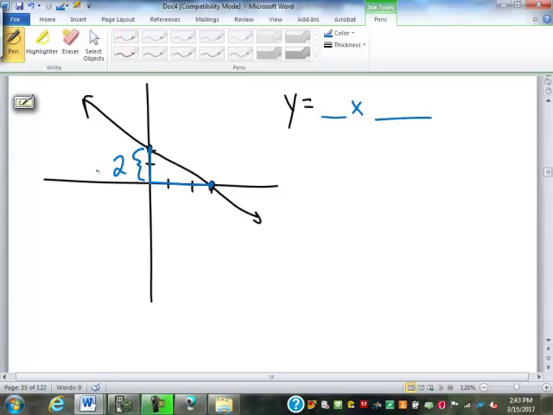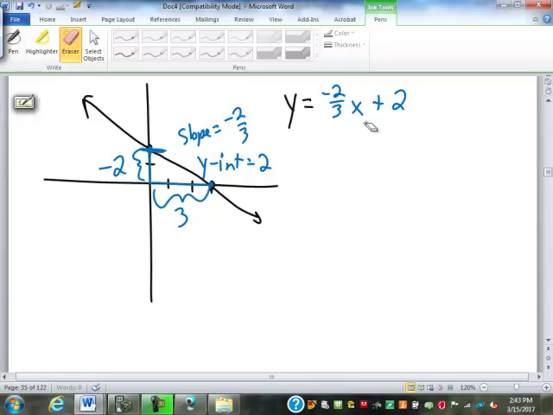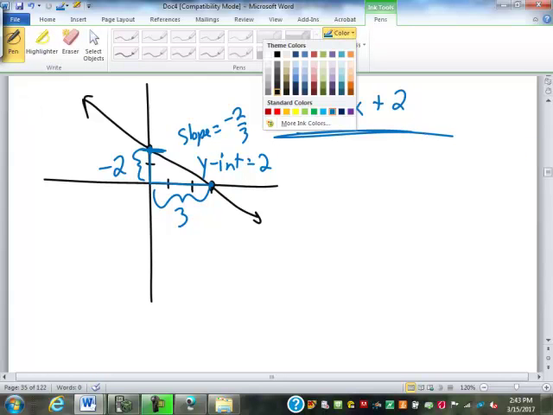It's 2 and we're going down, so technically it's a negative 2. And our run, 3. So the slope, negative 2/3. So y equals negative 2/3 times x. And my y-intercept is at positive 2. So that's plus 2. So that equation becomes y equals negative 2/3 x plus 2.